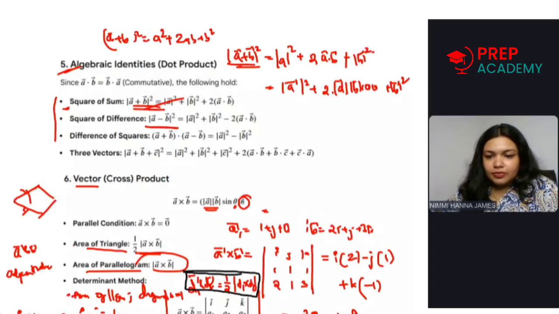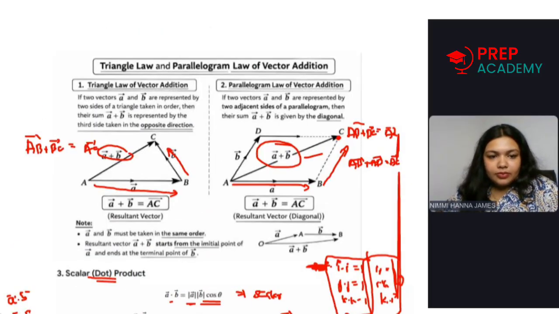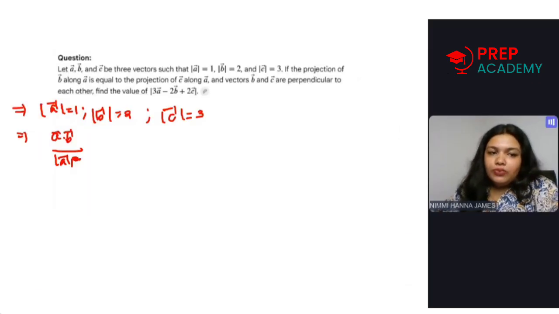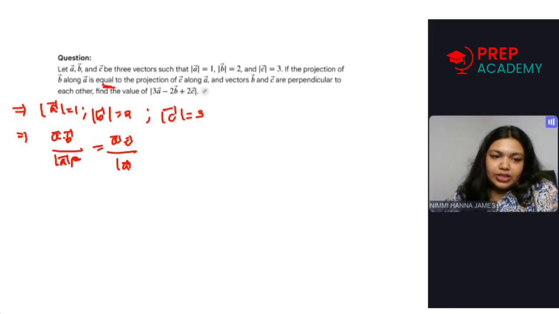Yes, modulus of A is on the denominator, and it says that it is equal to the projection of C along A. That is A dot C by modulus of A. So it is given that both of these projections are equal. So just by the definition, I equated them.